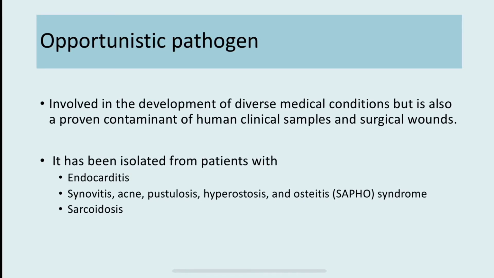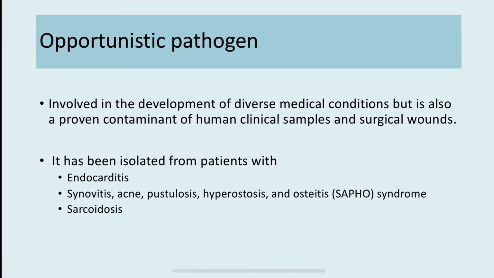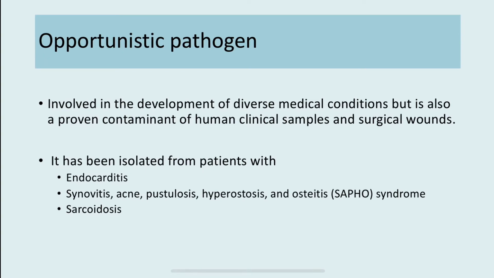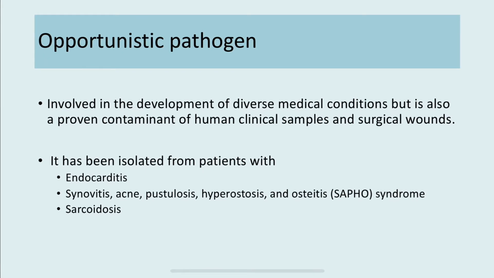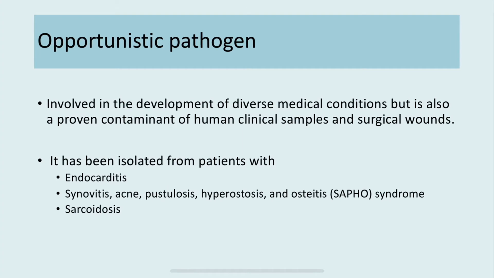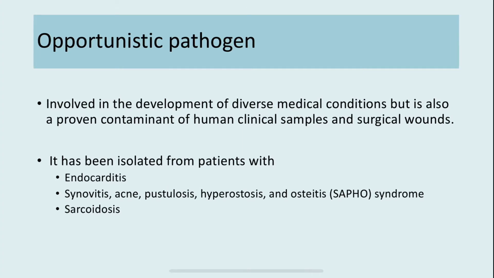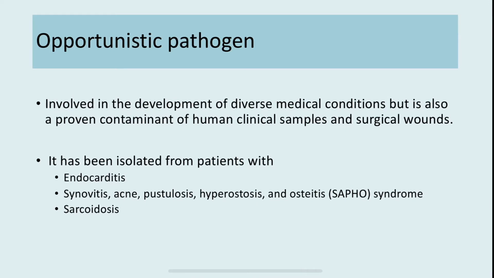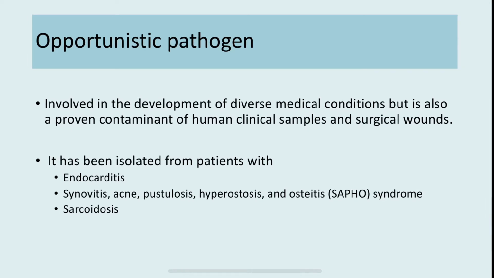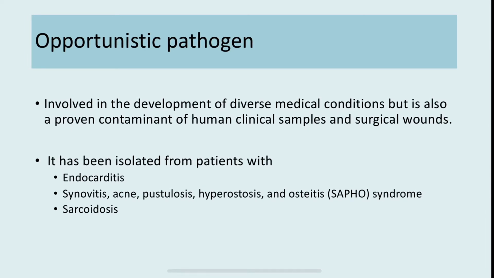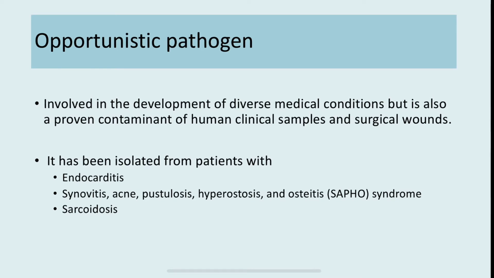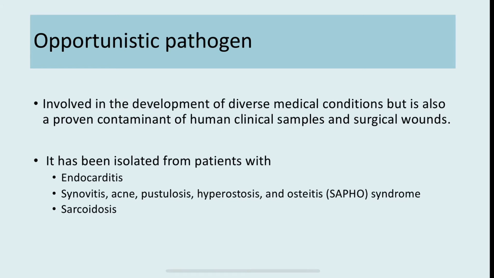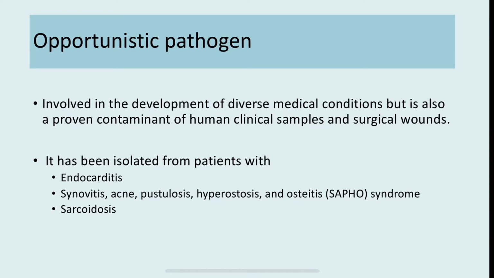It has been isolated from patients with endocarditis, which is an infection of the endocardium, the inner lining of your heart chambers and heart valves, synovitis, which is inflammation of the joints, acne, pustulosis, which are thick yellow blisters containing pus, often in the palms and soles, hyperostosis, the inflammation in bone substance, and osteitis, the inflammation of the bones, also known as SAPHO syndrome.